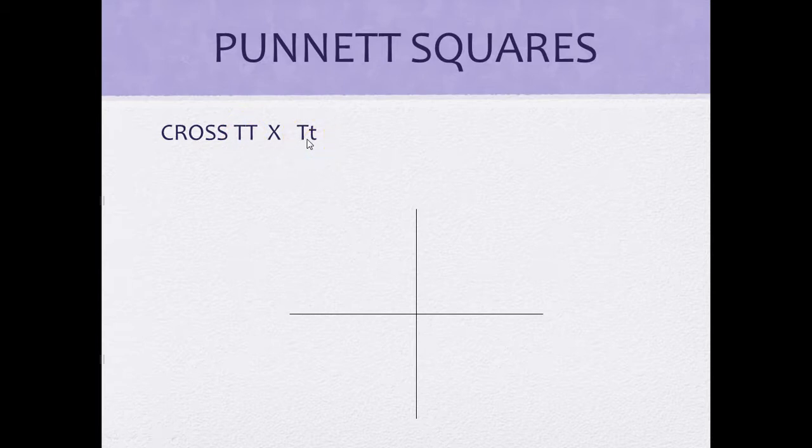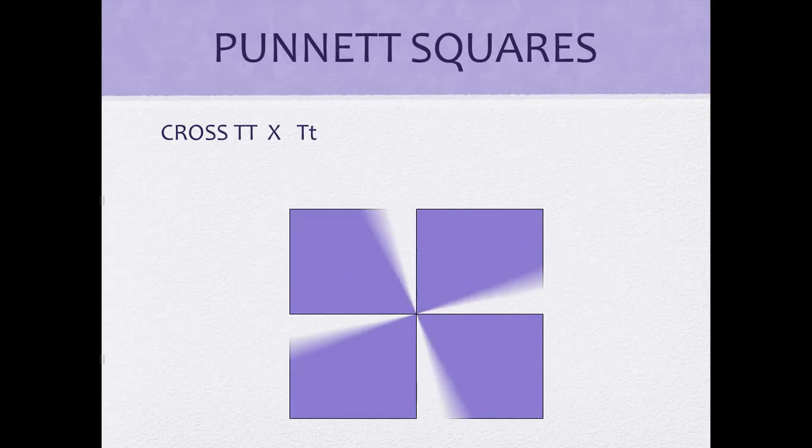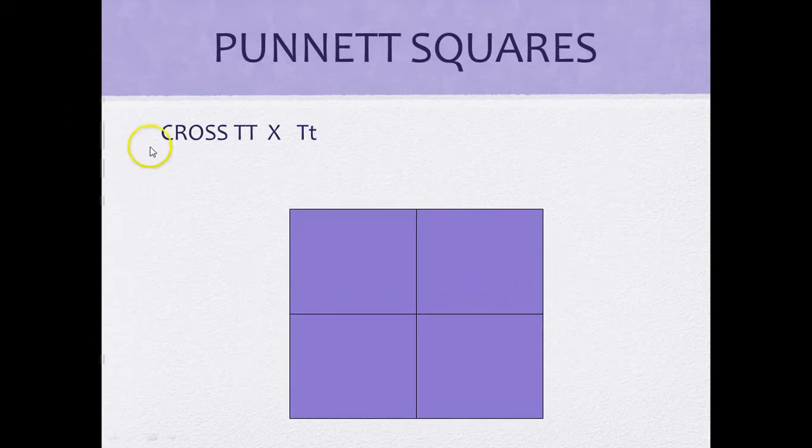So to set up the Punnett square, again you start with the square, divide it into 4, and then you're going to take each allele that you see here from the parents, and you're going to put one parent's alleles on one side and the other parent's alleles on the top.